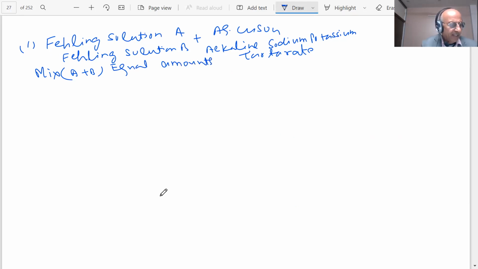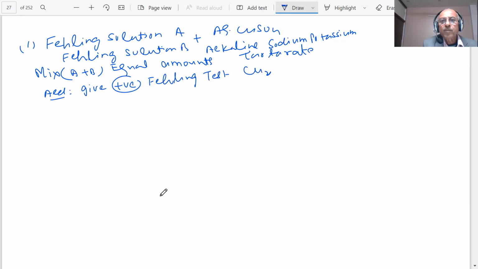And you know that aldehydes give a positive Fehling test. That test is the formation of Cu2O, which is a red precipitate. These are aliphatic aldehydes. Aromatic aldehydes do not give this test.